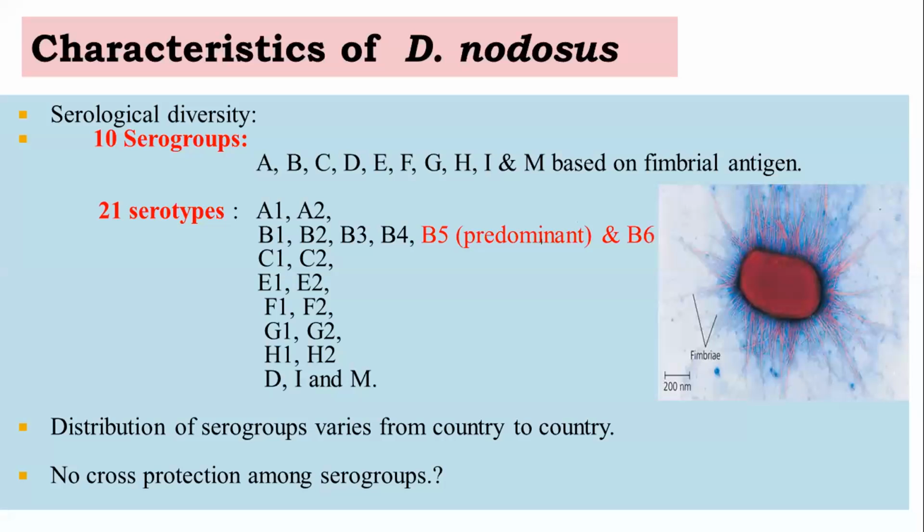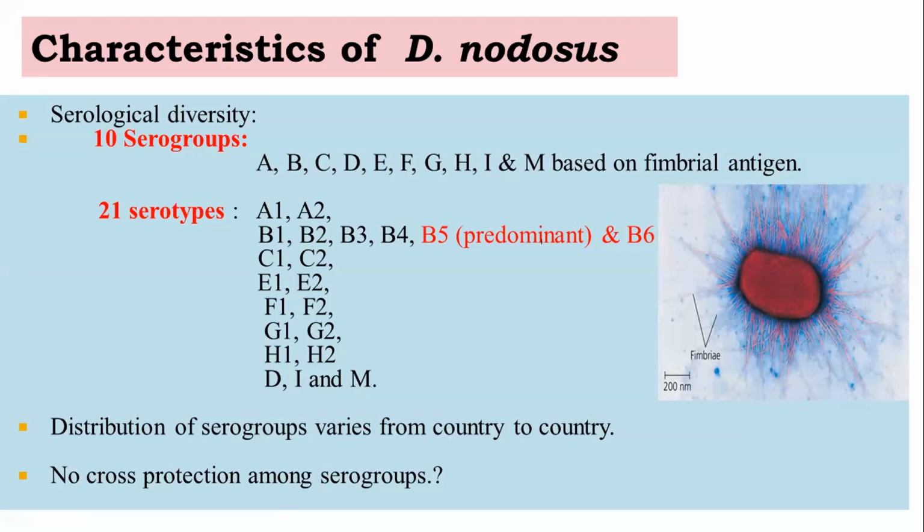Coming to the bacterium, you can see here the electron micrograph of the bacterium. This is the bacterium, and you can see clearly here that these are the fimbriae. As I said earlier, there is a variation in the fimbriae, and on the basis of this variation in the fimbrial antigen, this nodosus has been classified into 10 serogroups: A, B, C, D, E, F, G, H, I, and M. They are further subdivided into 21 serotypes.